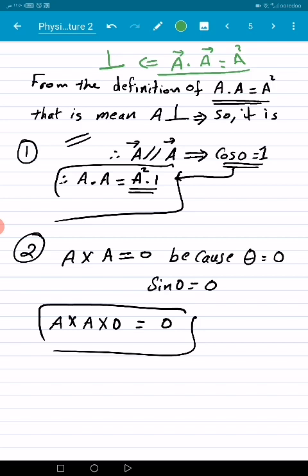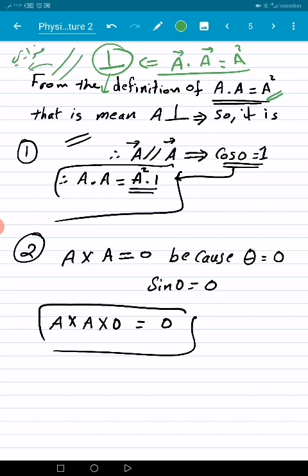Here it is not perpendicular, so it is parallel.